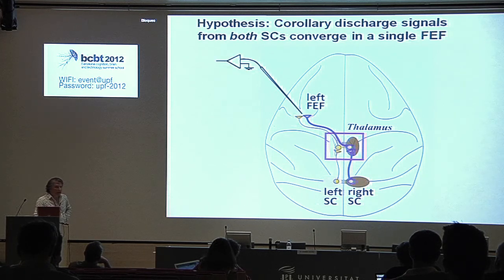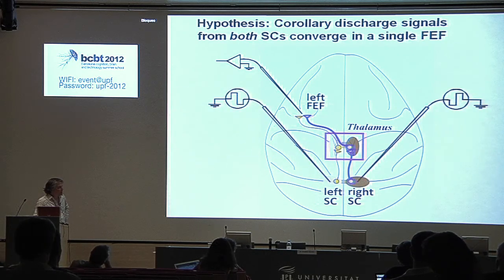So to study this, we recorded from the frontal eye field on one side, but now we stimulated colliculi on both sides. So in this experiment, we had electrodes implanted in both colliculi. And whenever we recorded a frontal eye field neuron, we would stimulate the colliculus on the same side to see if it was orthodromically activated.